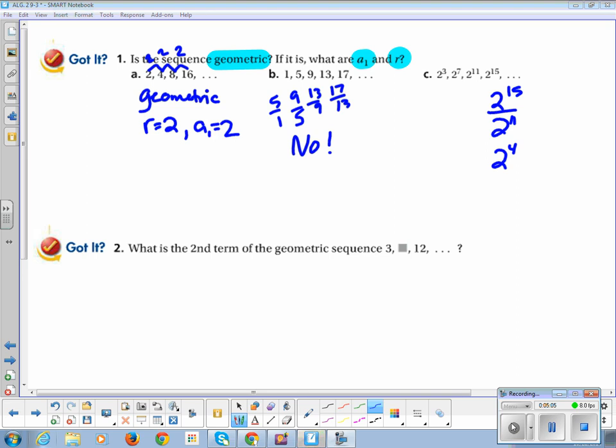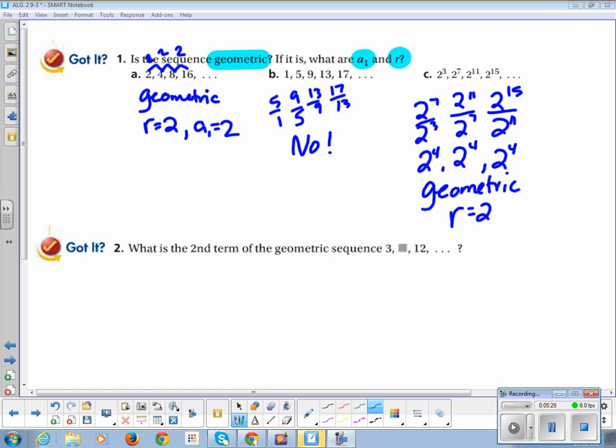We have 2 to the 11th over 2 to the 7th. It's 2 to the 4th. 2 to the 7th over 2 to the 3rd, 2 to the 4th. So this one is geometric. Our ratio is 2 to the 4th, and our first term is 2 cubed.